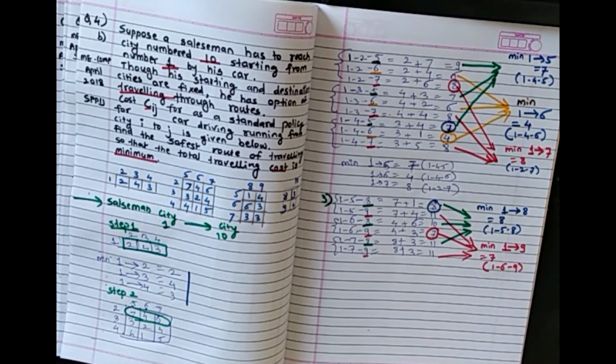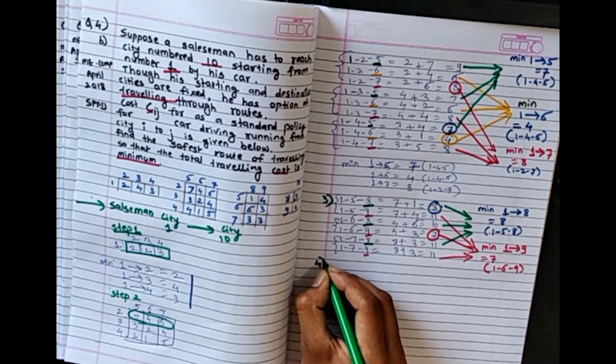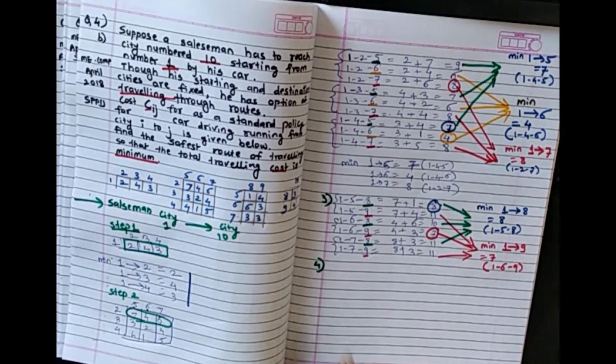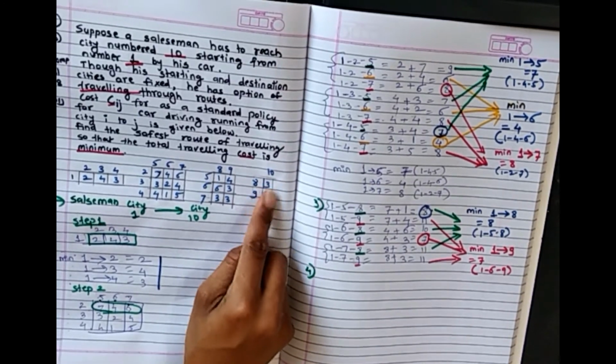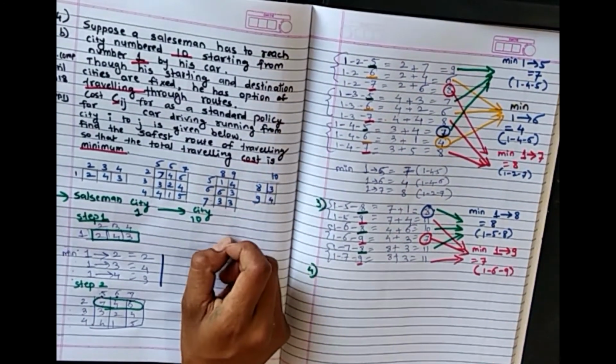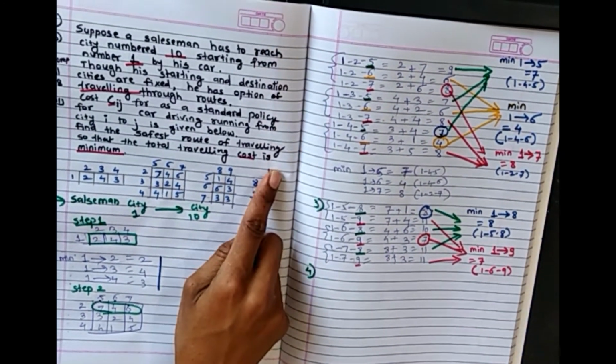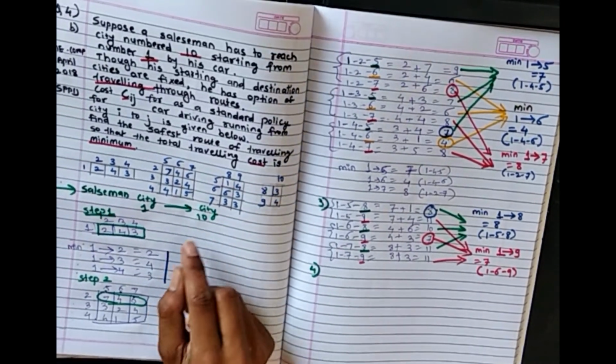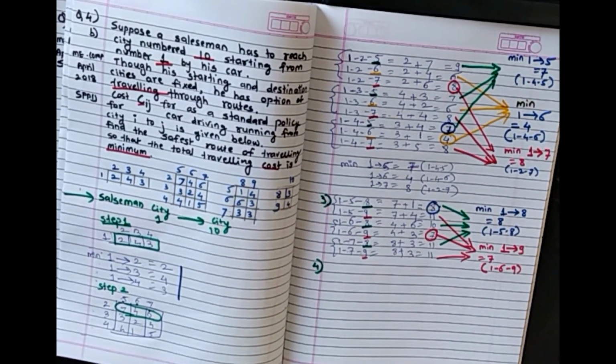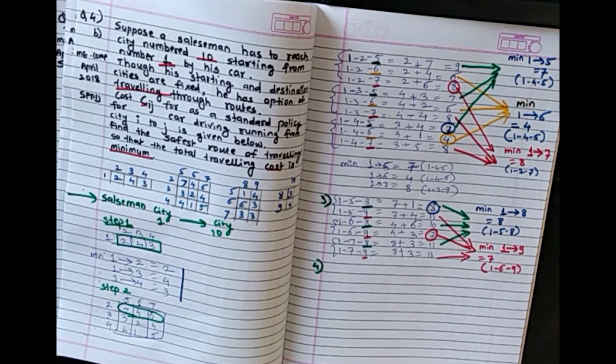Now till this we have completed. Now we will go to the next step, that is the fourth step. Now we have only one table. What we are doing is going from city 8 and 9 to city 10. But from these two cities, which one will be the best, as the result will be the same, but we have to backtrack to find the perfect solution.